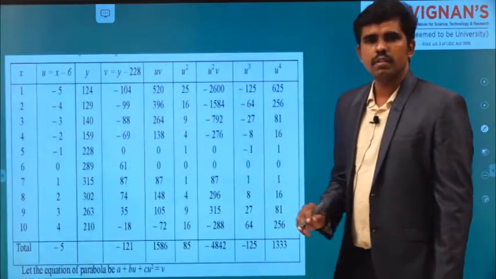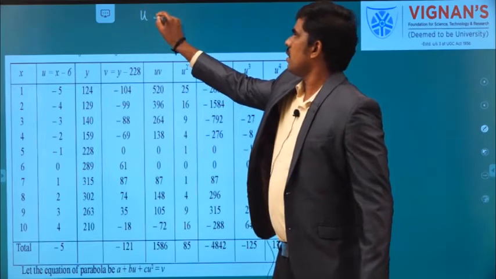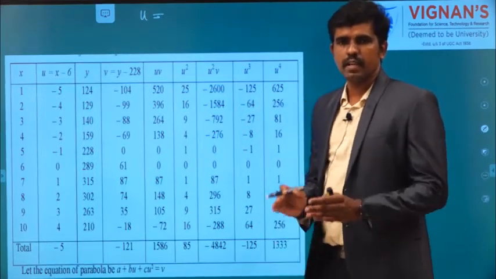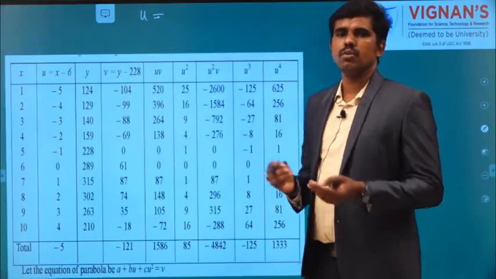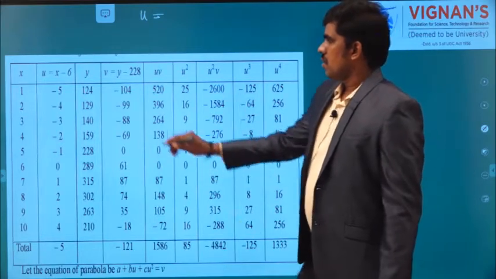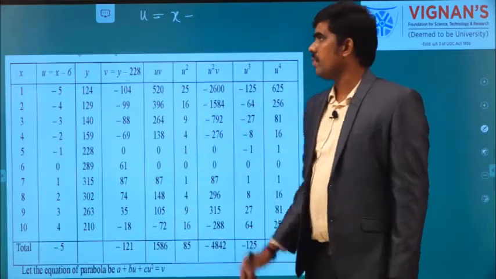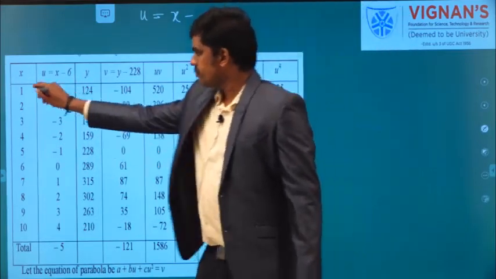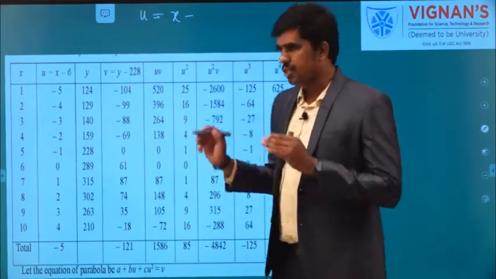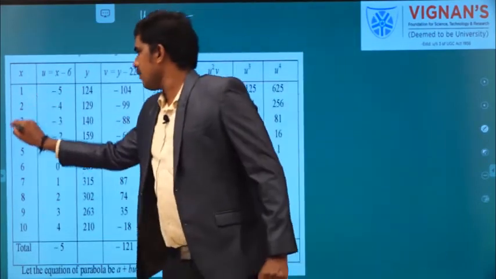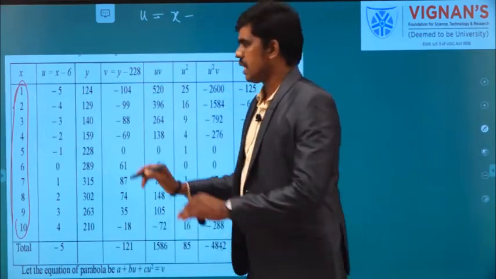So now I am going to fix the relationship between u and x first. What am I going to assume for u, so that I can reduce the calculation numbers? So u is equal to x minus what value am I going to write? You look at x. Normally, to change the origin, we take the average value.